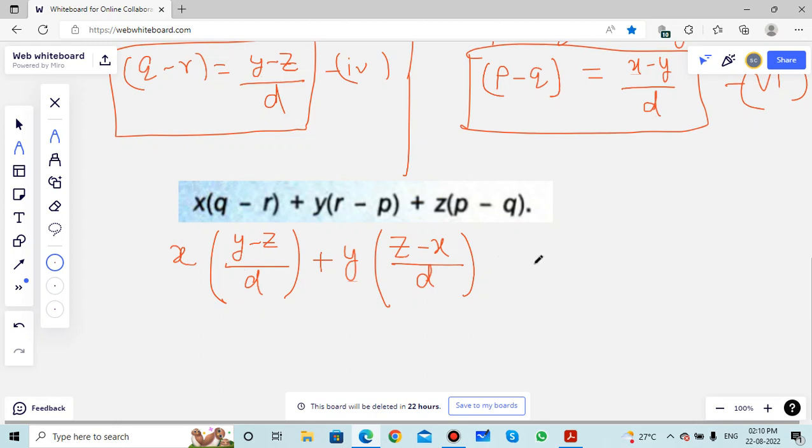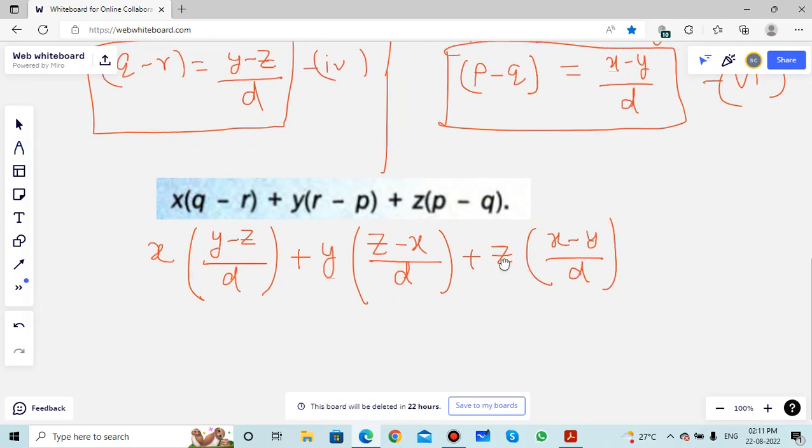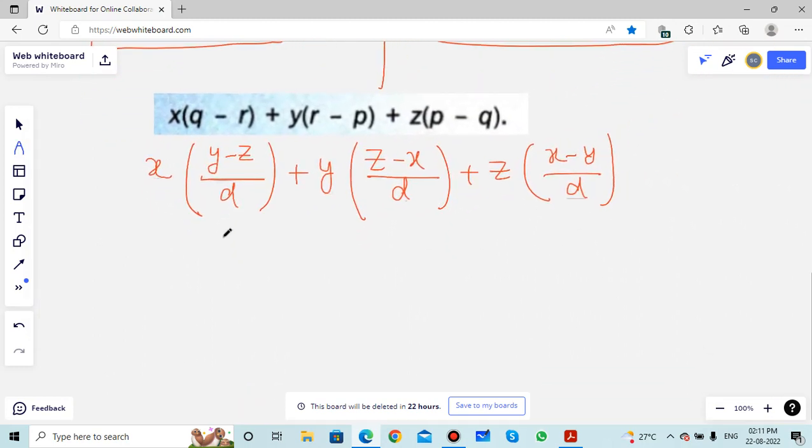Now next is p minus q. What is p minus q? z here. p minus q is, this is p minus q. So p minus q is x minus y upon d. So we have to find the value of this one. So open it. x into y is xy.